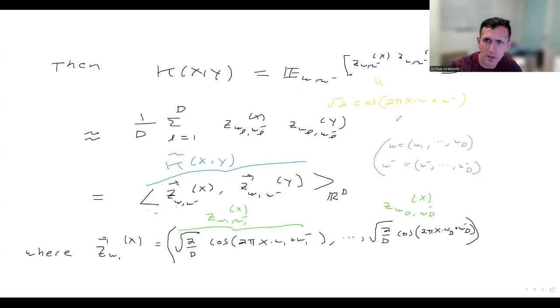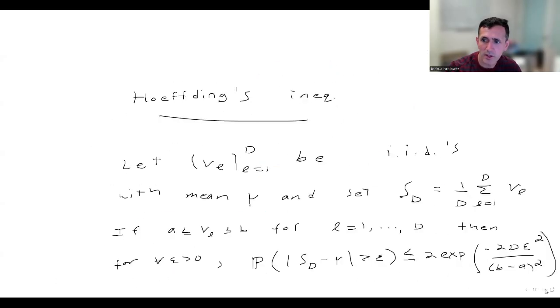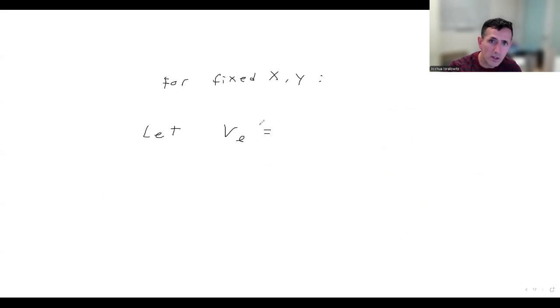Multiply square root 2 by square root 2, it's 2. So this is going to be 2 times cosine 2 pi x L prime, cosine 2 pi y L prime.